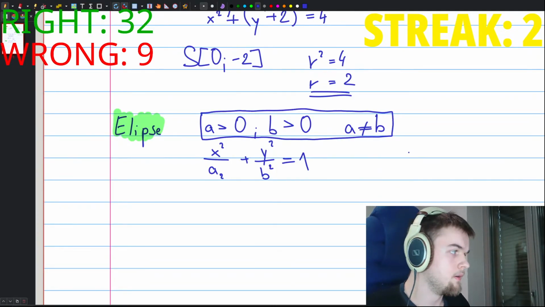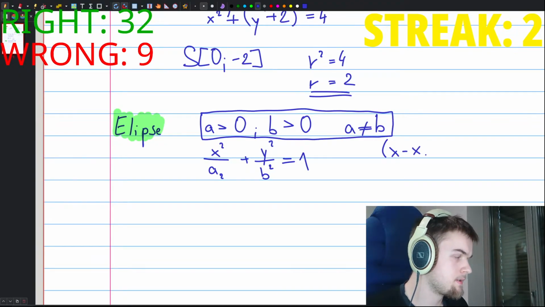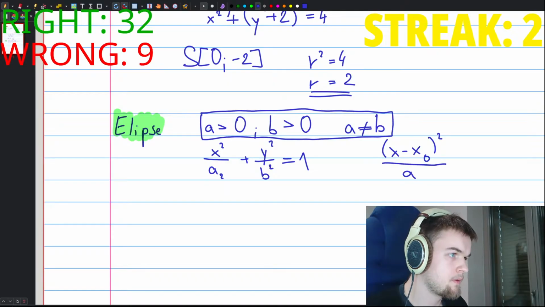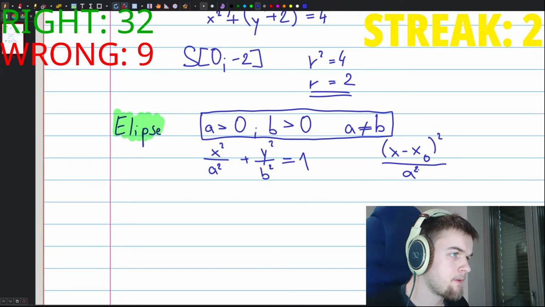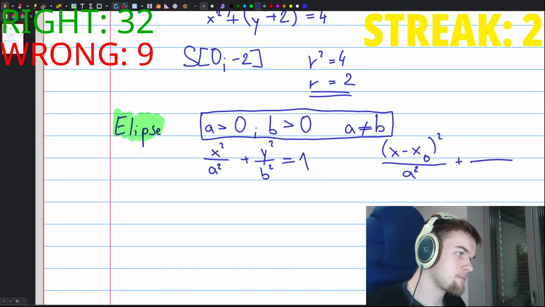Obviously, to find the center, once again, we will need a little bit of a modification: (x minus x0) squared over a squared plus (y minus y0) squared over b squared equals 1.